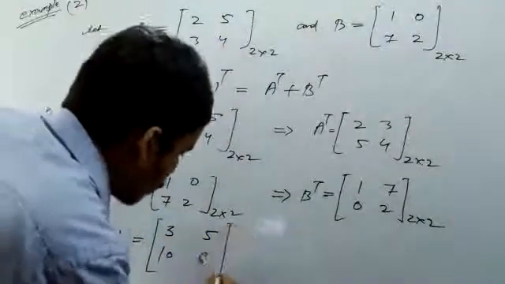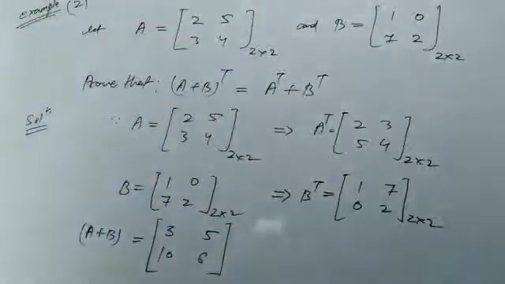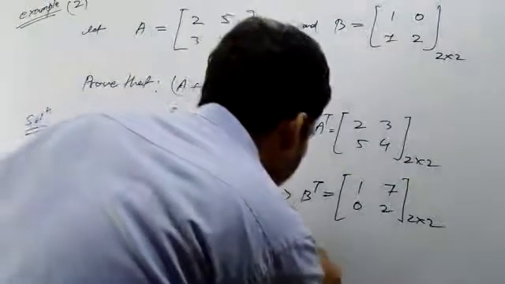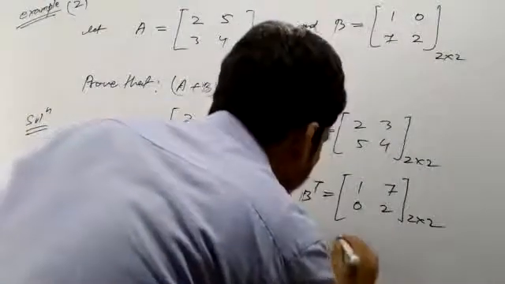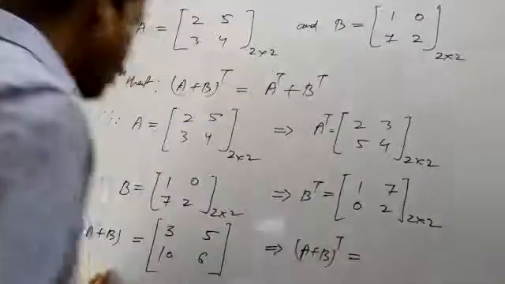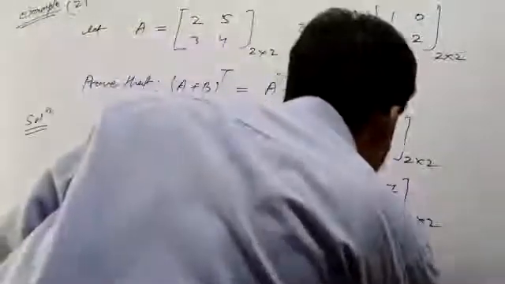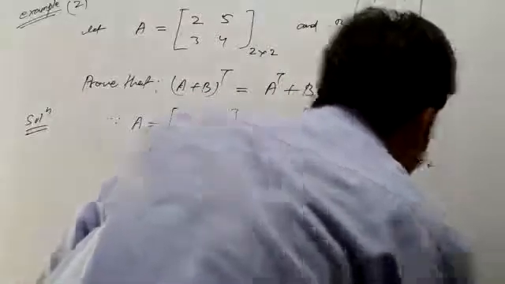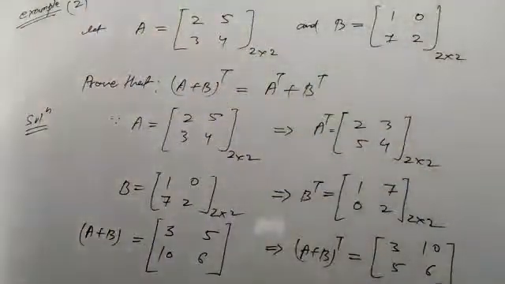This is A plus B. So its transpose, that is (A + B)^T, will be equal to [3, 10; 5, 6].